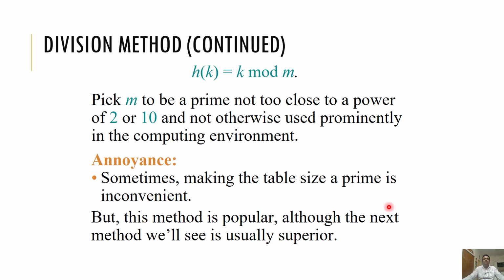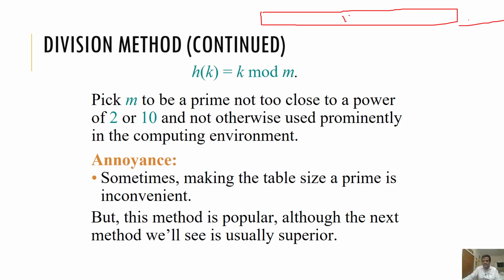So now we will see another method, because m equal to 2 to the power r is quite a reasonable choice. Say we have a key size of 64 bits, so k is 64 bits.